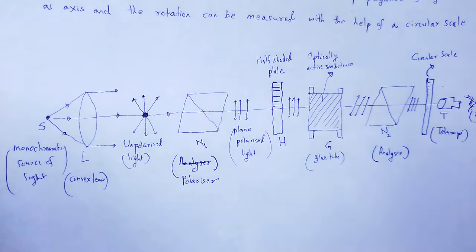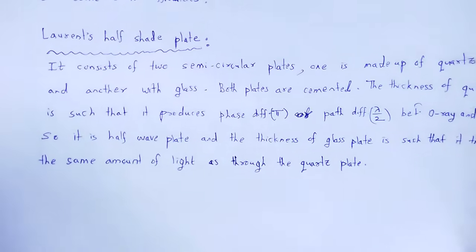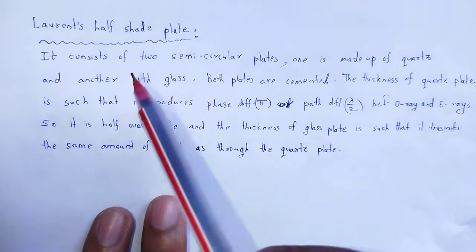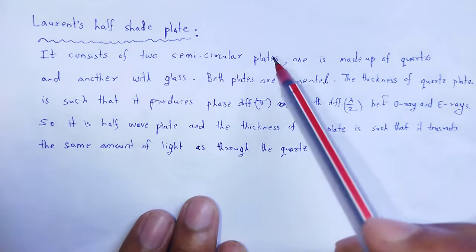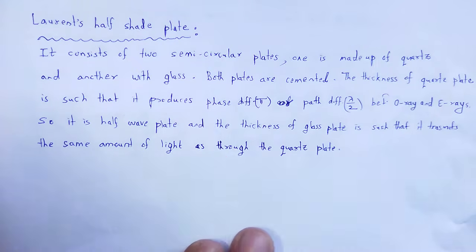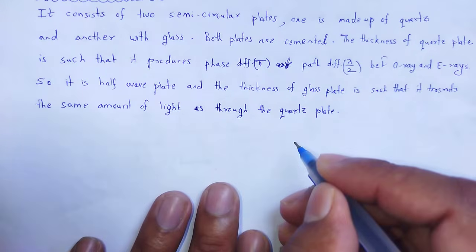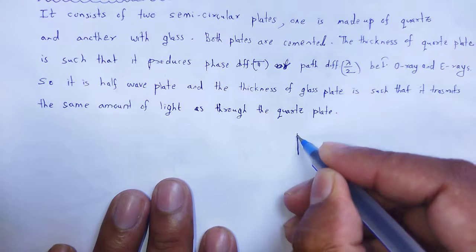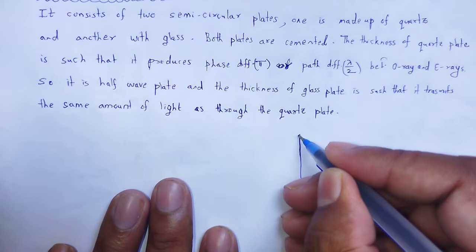What is the function of Laurent's half shade plate? Its construction and function: it consists of two semicircular plates. One is made up of quartz and another of glass. Two semicircular plates like this.